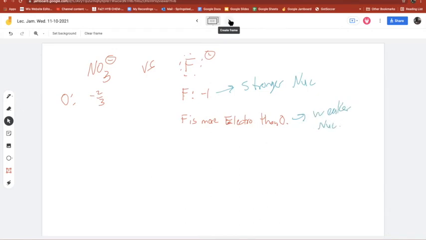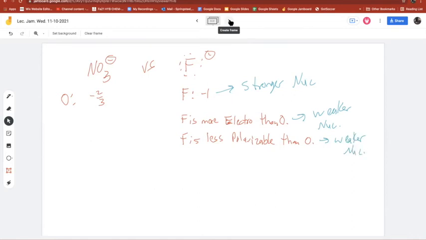And then the fluorine, is it more or less polarizable than oxygen? It is less polarizable than oxygen. That would make it then a weaker nucleophile.